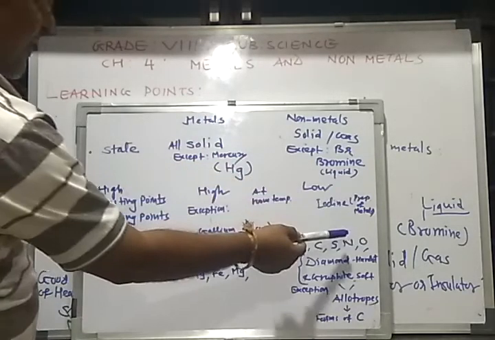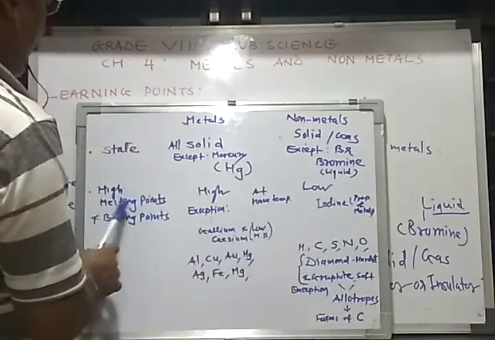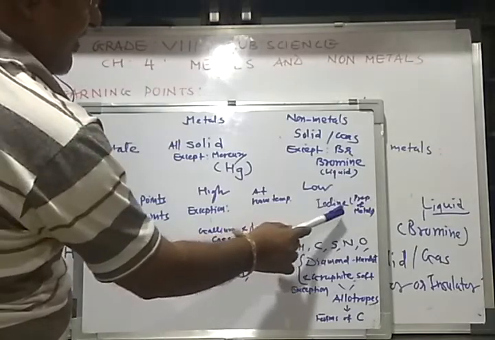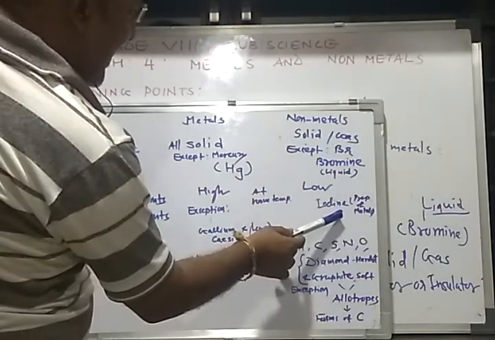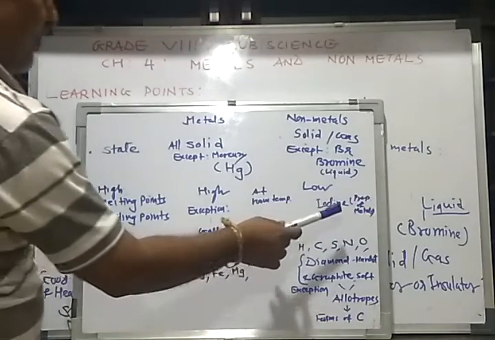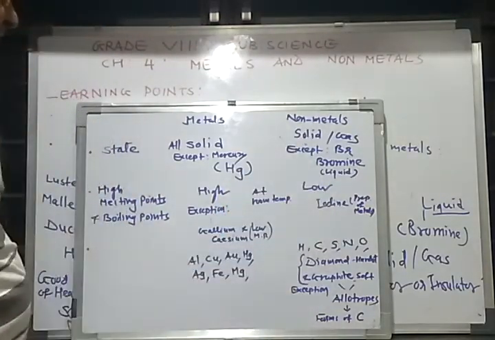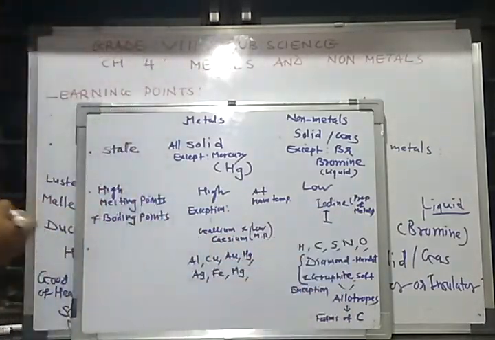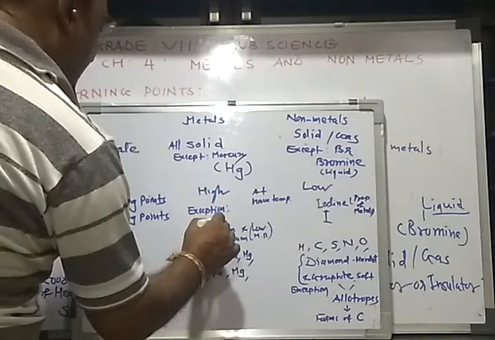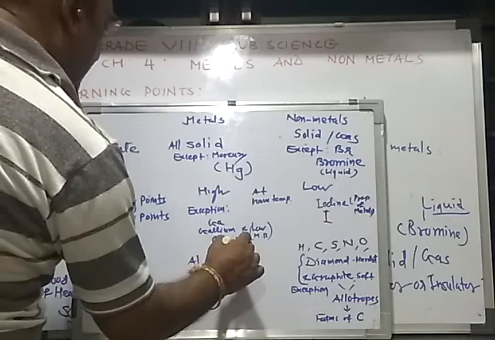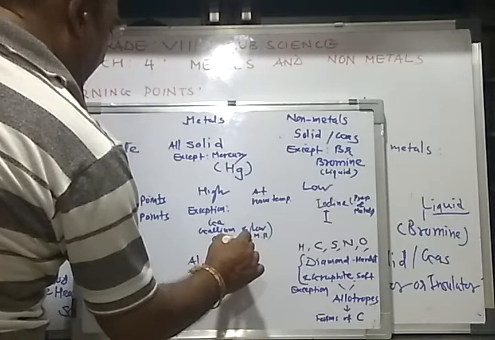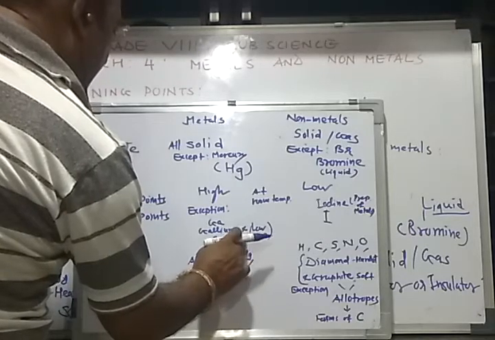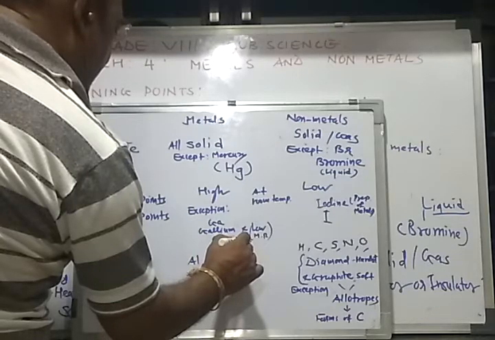In the case of non-metals, they have low melting points and low boiling points. But there is an exception: iodine, which acts like a metal, meaning it has a high melting point. Iodine is represented by I. Gallium is represented by Ga, and cesium by Cs.